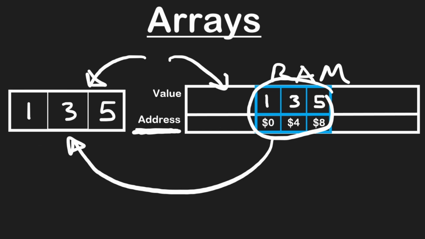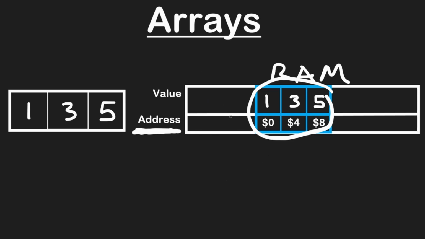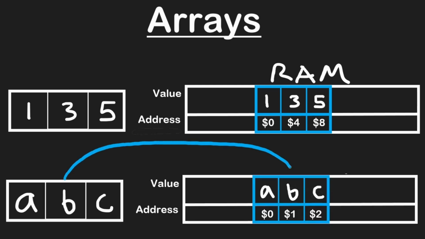Now in this case we're storing integers, but we could be storing other values as well. Let me show you what it would look like if instead we were storing characters like ABC. Characters are stored pretty much exactly the same, contiguously as we would expect. But you notice the address is a bit different. In this case, we're incrementing by 1 as we add a new character.